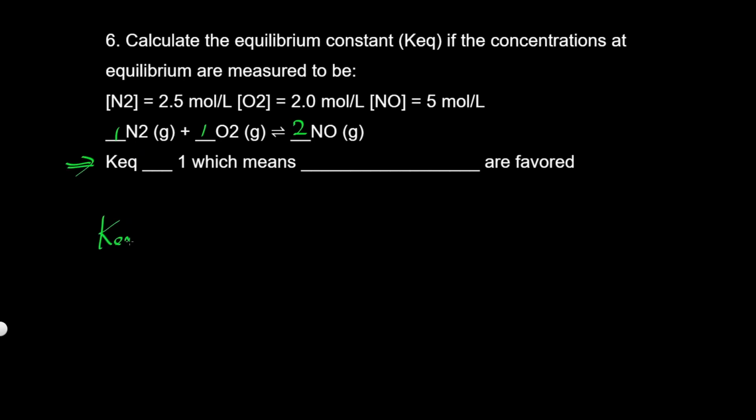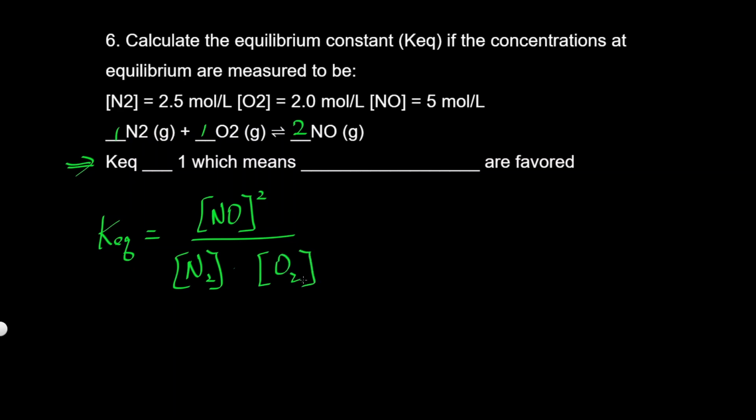Let's write KEQ. KEQ is going to be NO, making sure everything's a gas and there's no solid or liquid, so we have to include it. Concentration of NO squared because of that coefficient, over N2 on the bottom and then O2 on the bottom. So all you got to do is plug in these numbers.